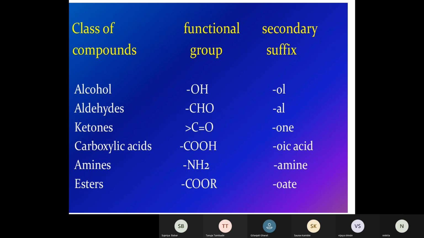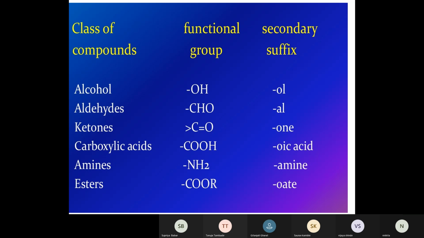Then for ketones, the ketone contains the functional group C double bond O, and the secondary suffix we use for that is one. So that is one for the ketone. Then carboxylic acid.